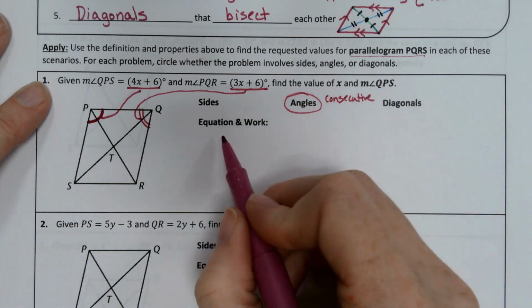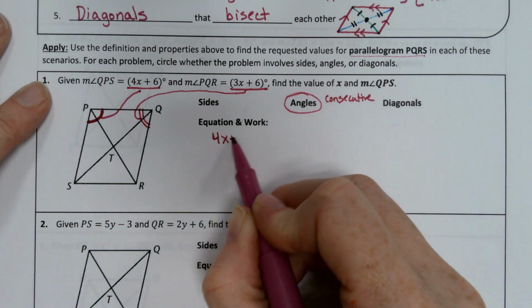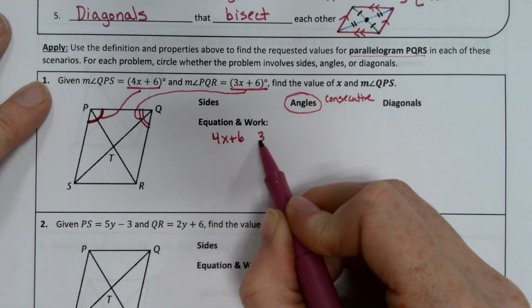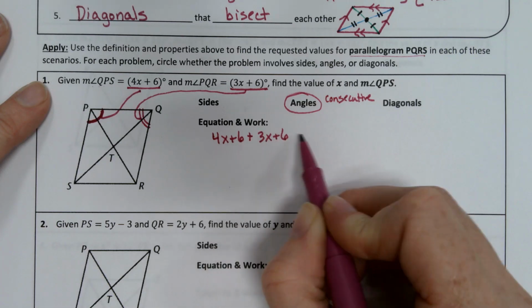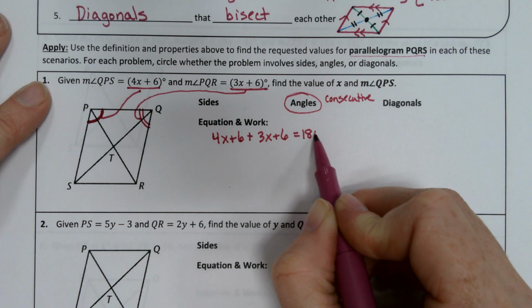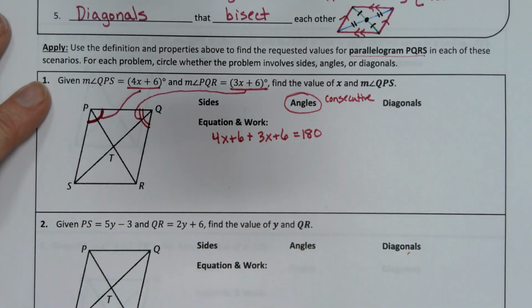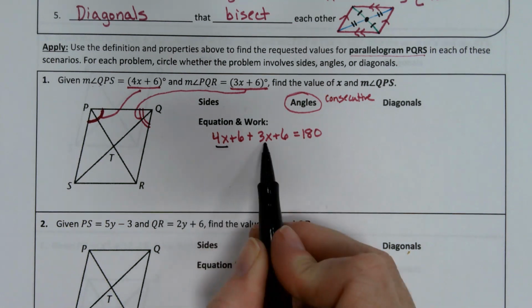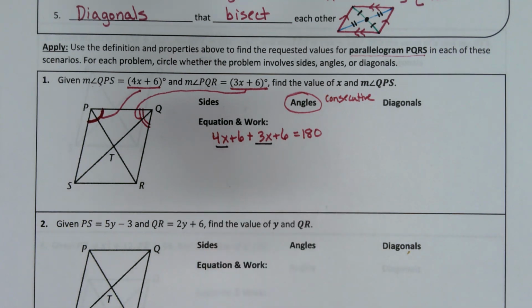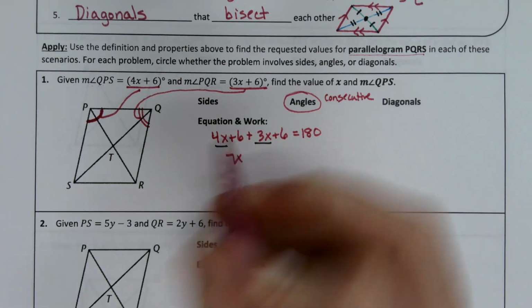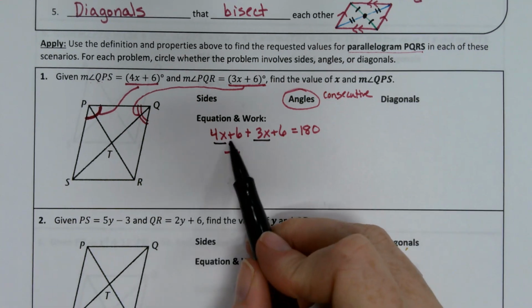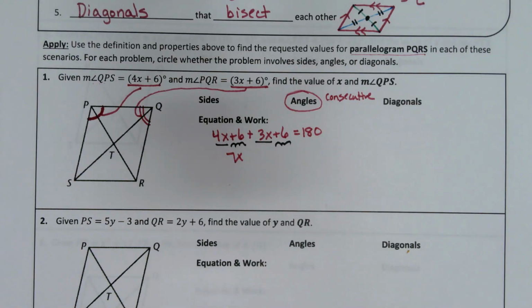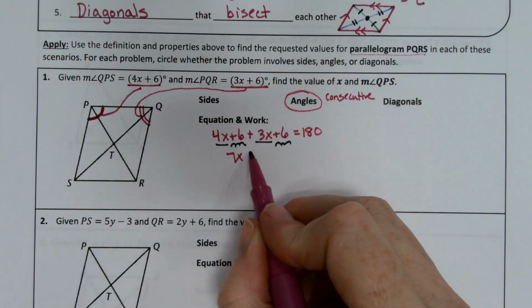That tells me that I'm going to take those 2 algebra expressions, since they're consecutive, and add them together to be equal to 180 degrees, because that's what it means to be supplementary. We've got a couple like terms that we can combine. 4x plus 3x is going to be 7x. Then we've got positive 6 and positive 6 again, which is going to end up being positive 12.